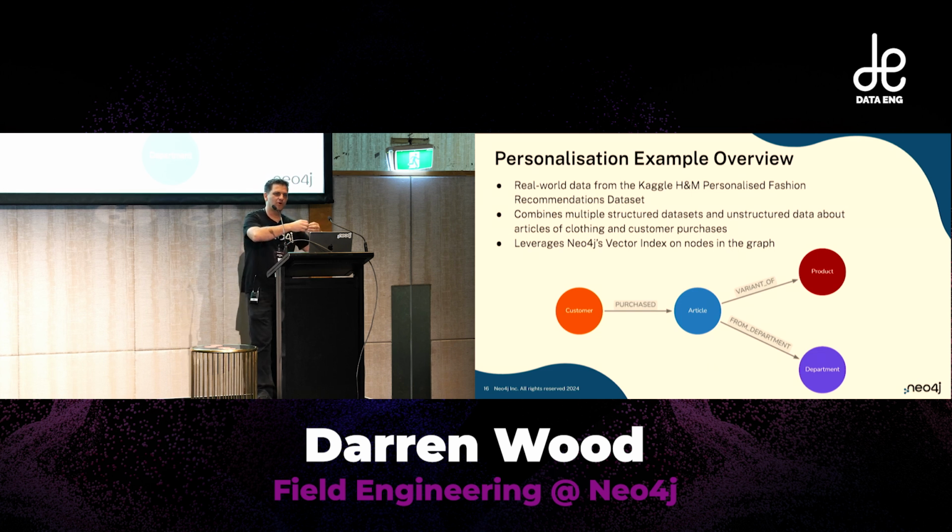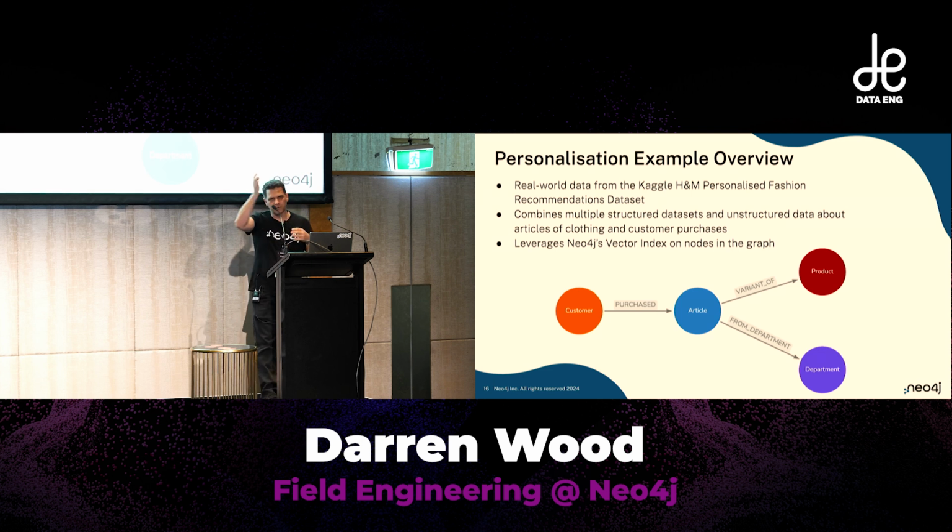Like I was saying before, Neo4j has a plugin and a wrapper to allow you to take any piece of text or any piece of unstructured data that you have stored on a node and embed it with an API call of your choice. You give your API credentials to the configuration of Neo4j, and it will automatically take that data, embed it, add it to the node, and then add it to the vector index that's established on that field.